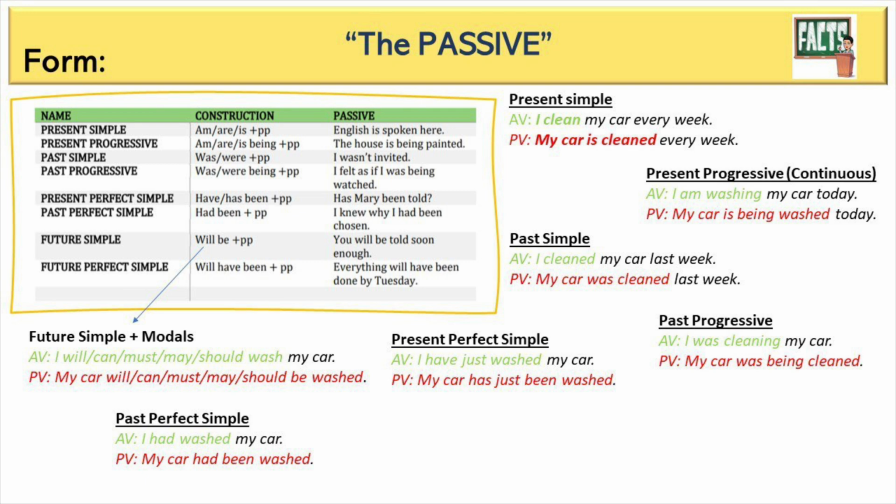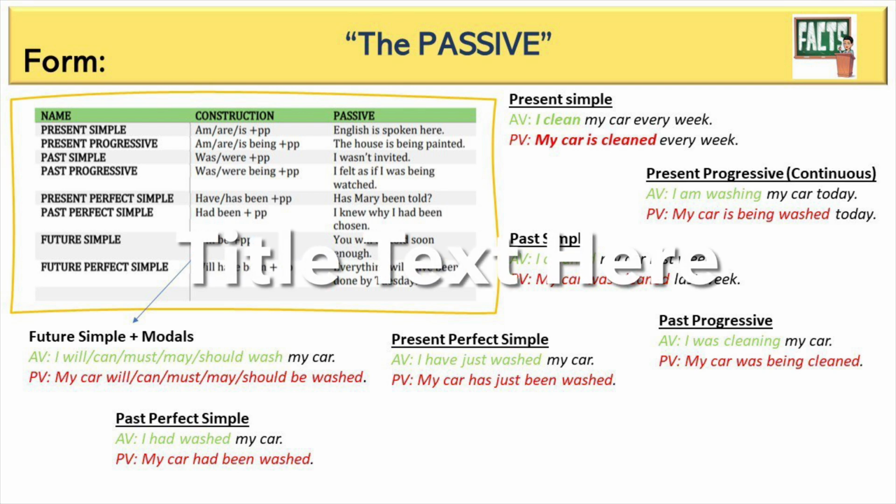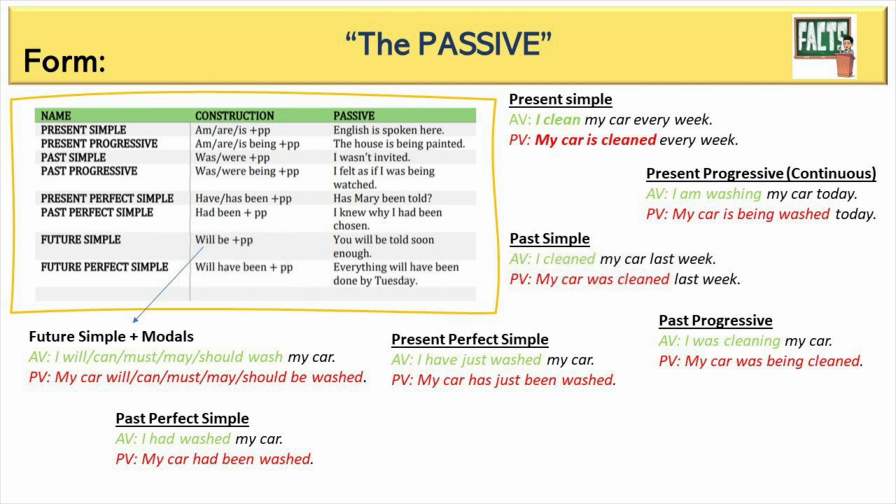I will, must, may, should wash my car would be the active voice. The passive voice is my car will, must, may, should be washed. The future simple and all the modals, it's quite easy in English. You just put will plus be plus past participle, or you put the modals plus be plus past participle.